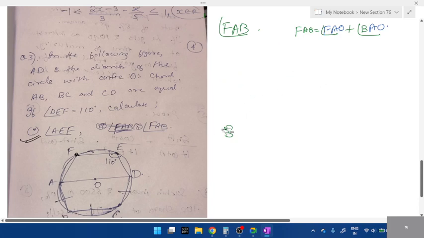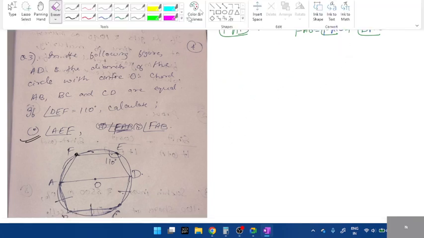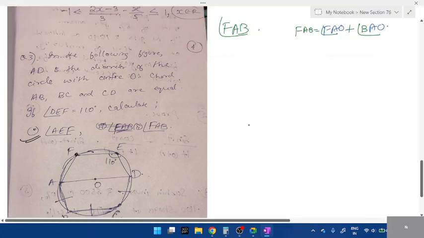Okay, so we need to try this. First thing, FAO. How do you find FAO? What kind of quadrilateral is this? Cyclic quadrilateral. So angle E will be equal to 180 minus angle E. Cyclic quadrilateral: the sum of opposite angles is 180.